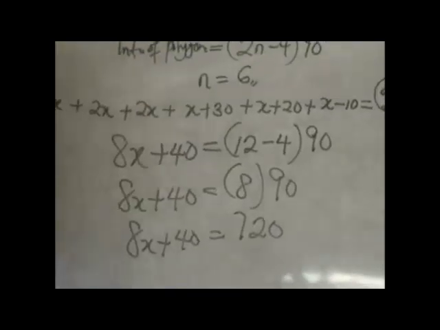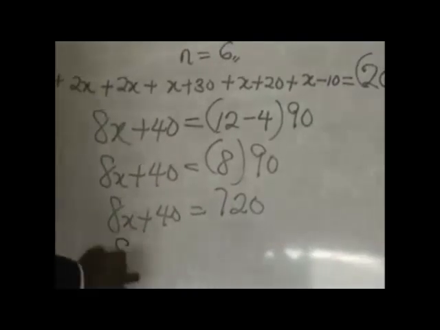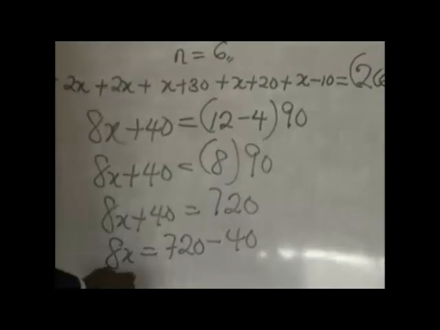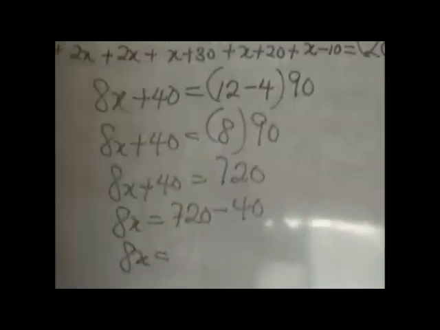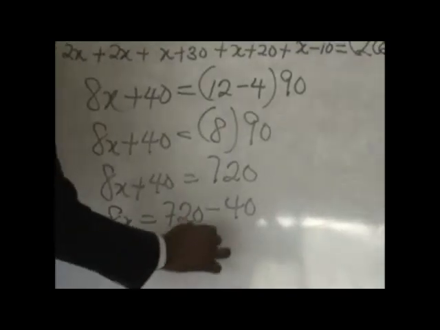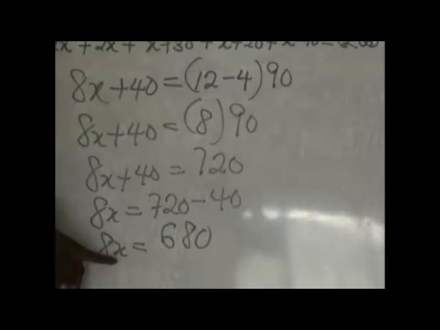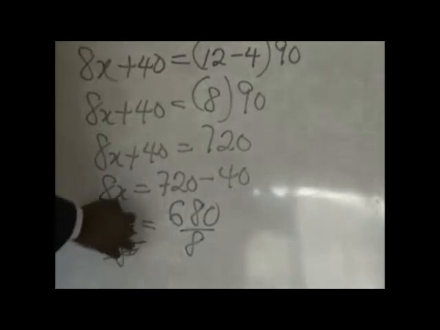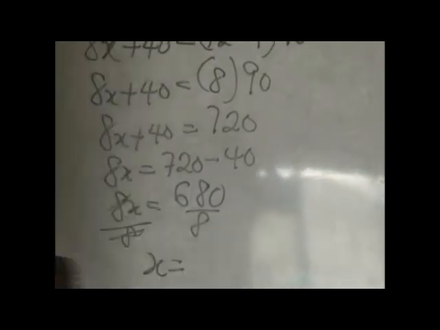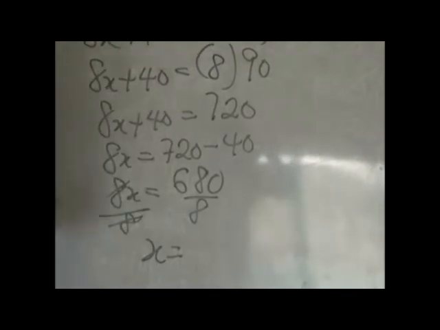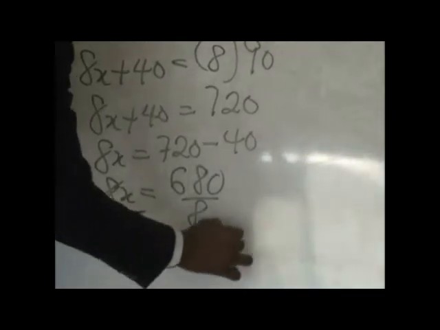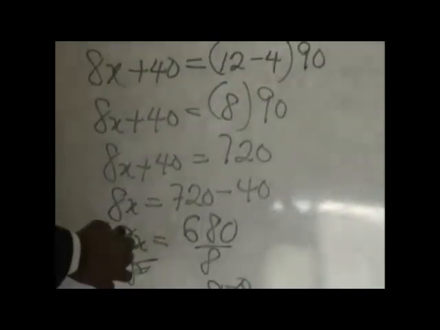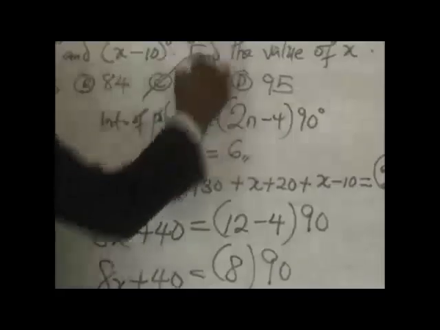We collect like terms: 8x equals 720 minus 40, which gives 680. To determine x, you divide through by 8. So x is 680 divided by 8, which gives 85 degrees. So the value of x for this polygon is 85, and our correct option is option C.